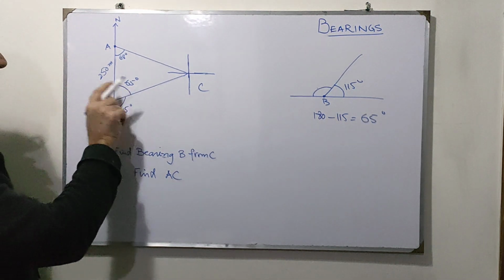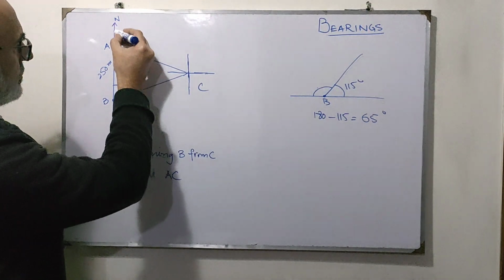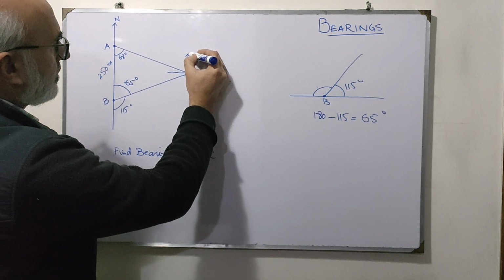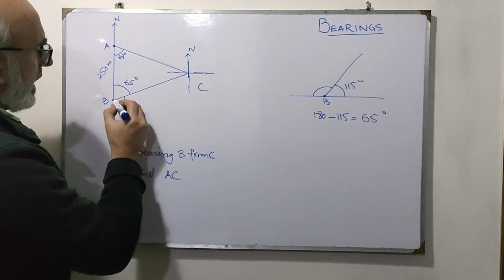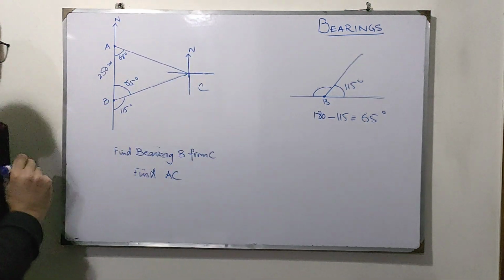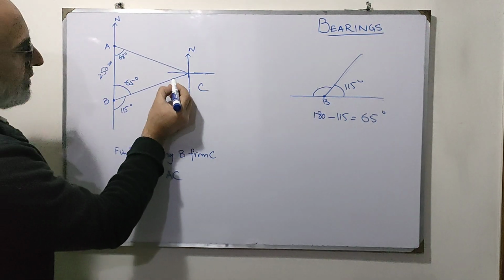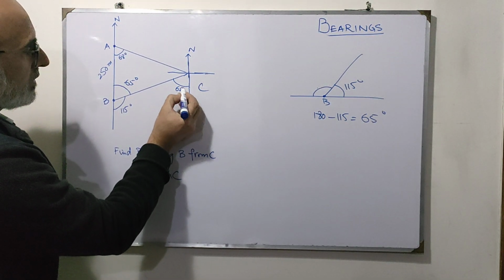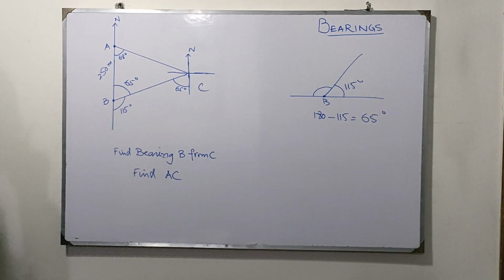If this is 65 degrees, this is a straight line, this is a straight line, and this thing is the transversal between the two straight lines. So this angle is also 65 degrees.